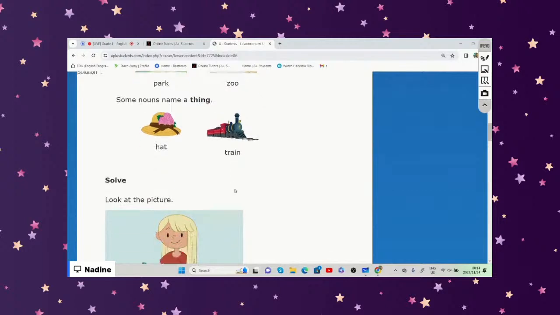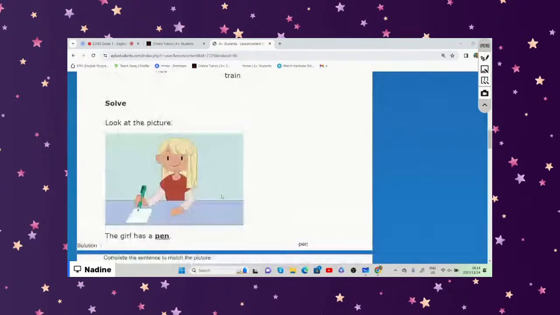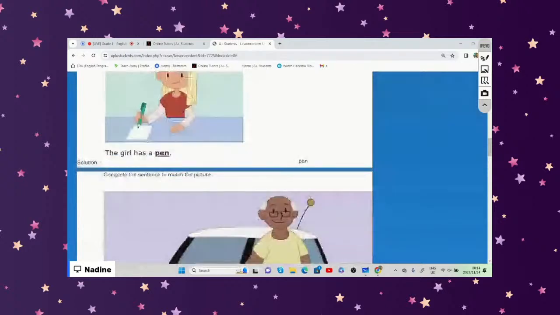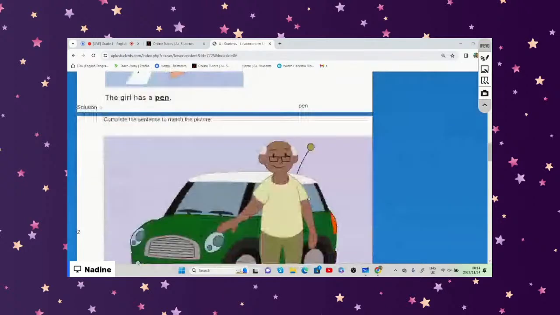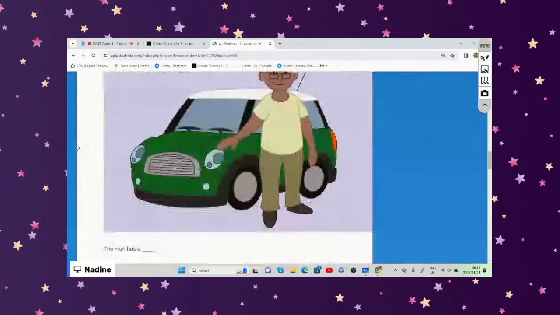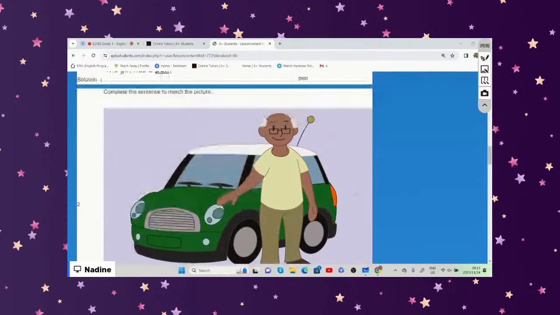And we looked at the picture and we see that the girl has a pen in her hand, and that is correct. So we need to complete the sentence to match the picture.